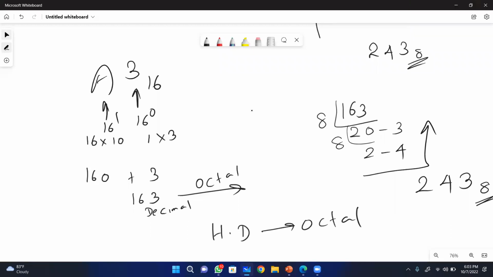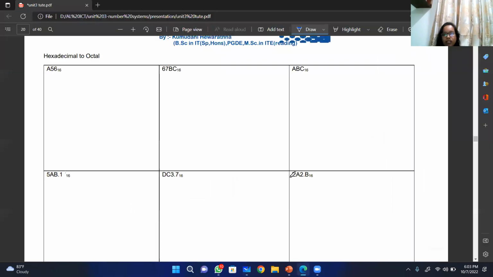Yes, we will consider all of that. All are there in the tube. There are some examples with fractions as well. We will do that. Okay, Shivani? Okay, teacher. Right. First, we'll start from the first one.